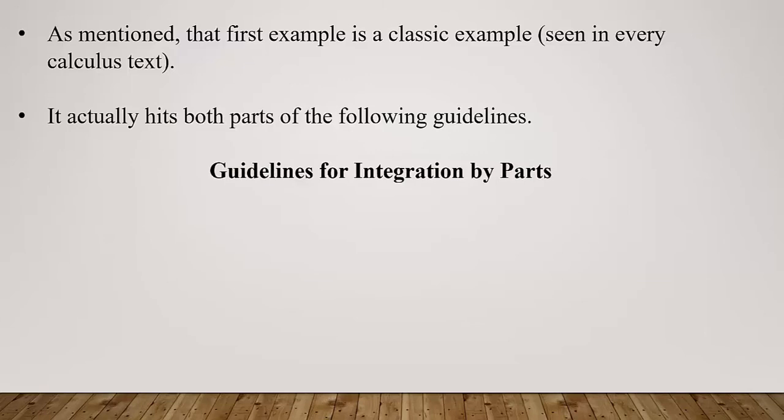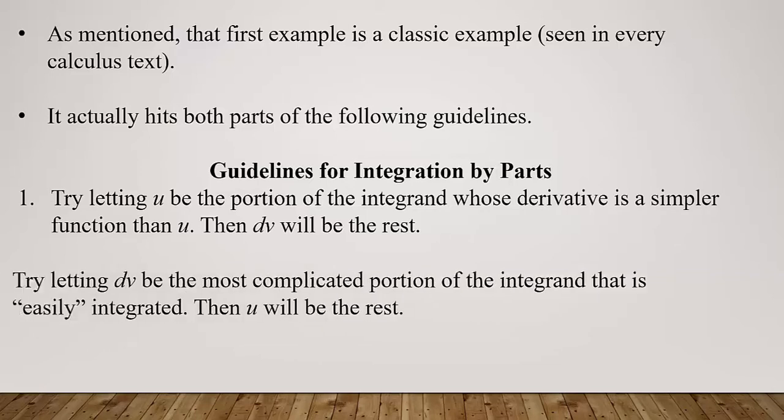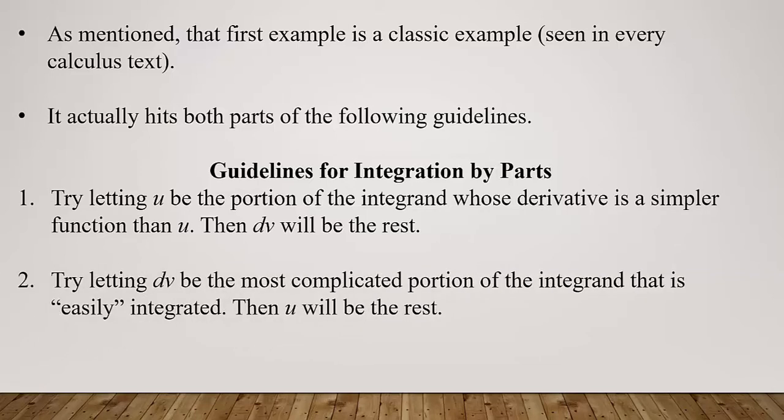Two parts here. Number one, I suggest try letting u be the portion of the integrand whose derivative is a simpler function than u. Then dv will be the rest. Guideline 2. You could try letting dv be the most complicated portion of the integrand that is easily integrated.